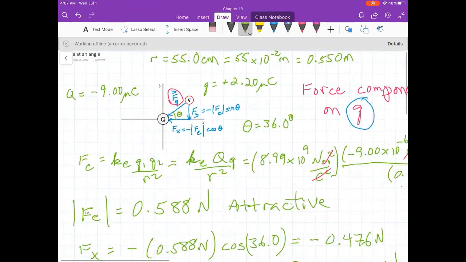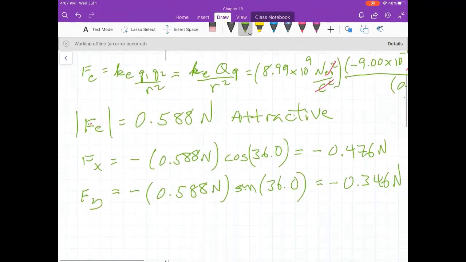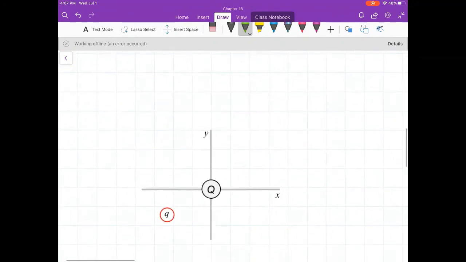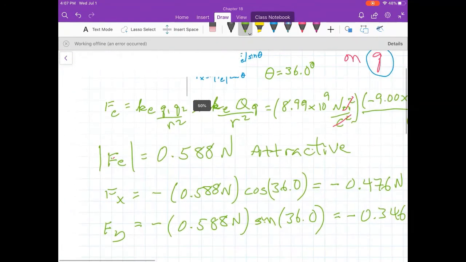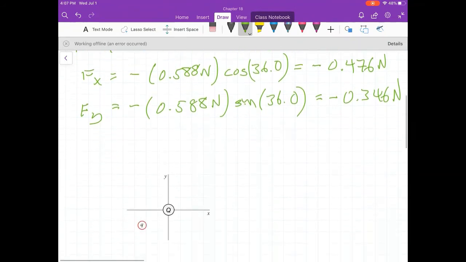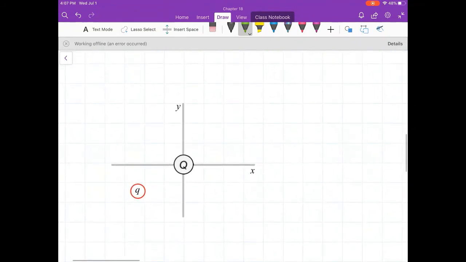Let's illustrate another example. The numbers will be the same, but the signs will be different. Suppose you did the equation, you solved the magnitude of the vector, and you found the magnitude of the force, 0.588 Newton. Then you looked at the picture, and the picture looked like this.